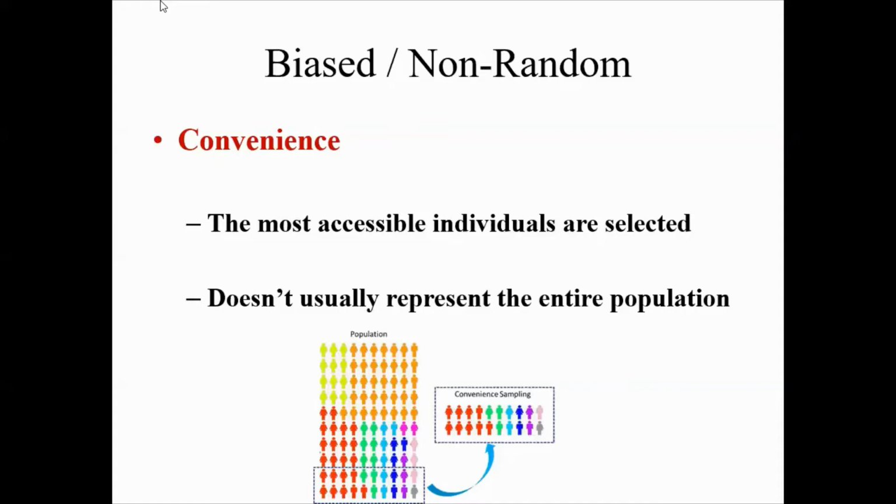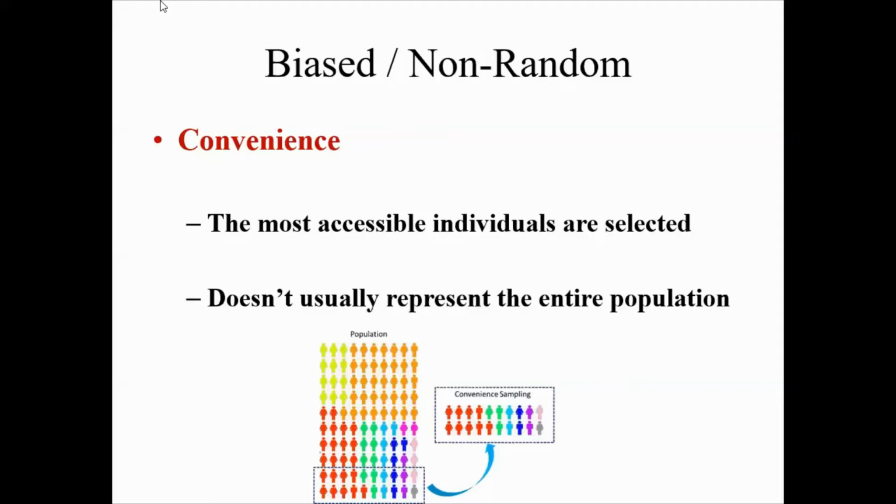So let's look at the whole population in this picture, right? You have yellow, you have orange, you have red, you have green, you have light blue, you have dark blue, you have purple, pink and gray.